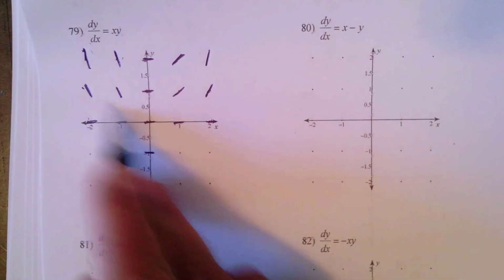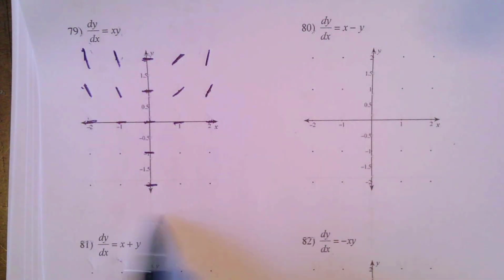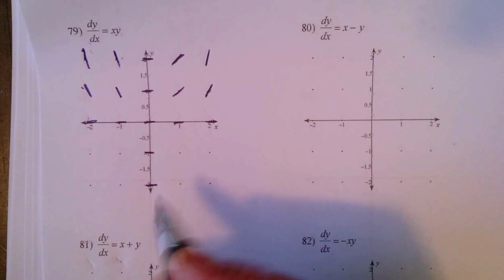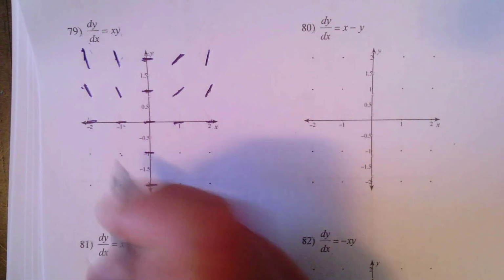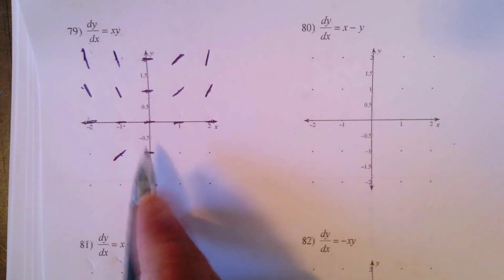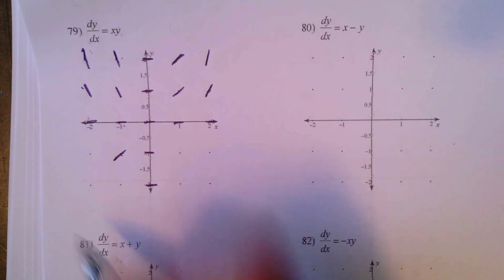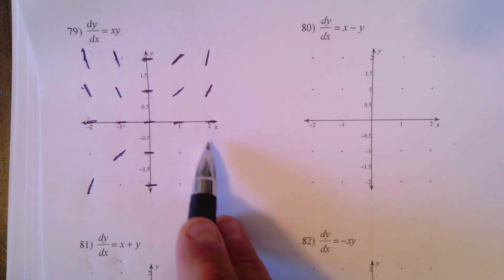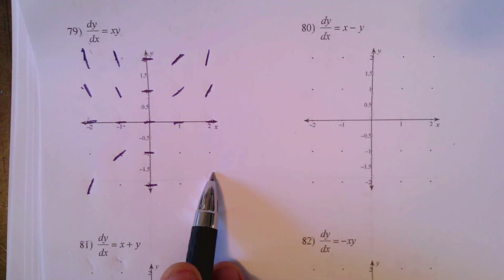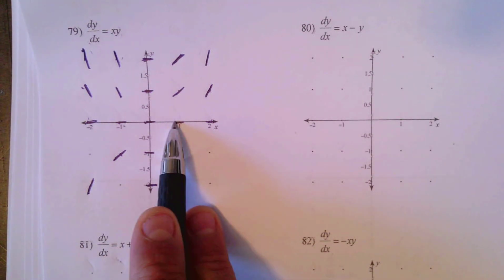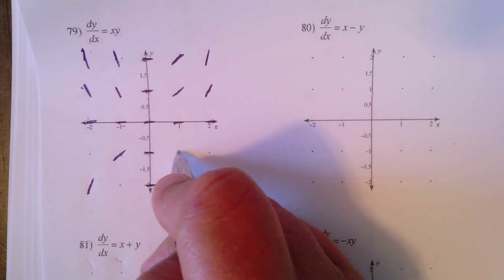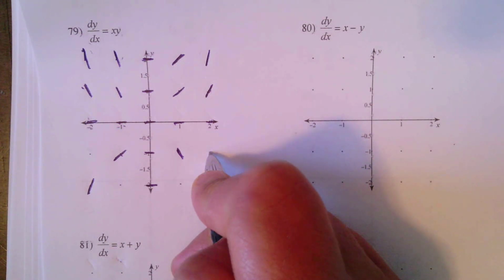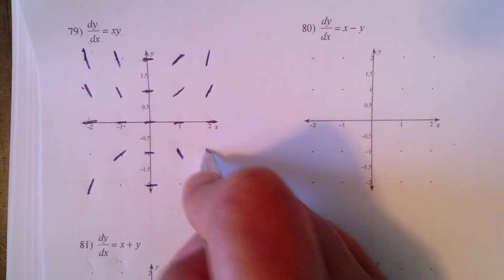So it's going to be kind of curved like this, and now we're going to have symmetry going from top to bottom here. So on the bottom, it's going to go negative times a negative makes it a positive. A -2 times -2 is going to be +4. On this side, it's going to be a positive times a negative, so it's going to be a negative slope, -1, -4. Here it's going to be -2.